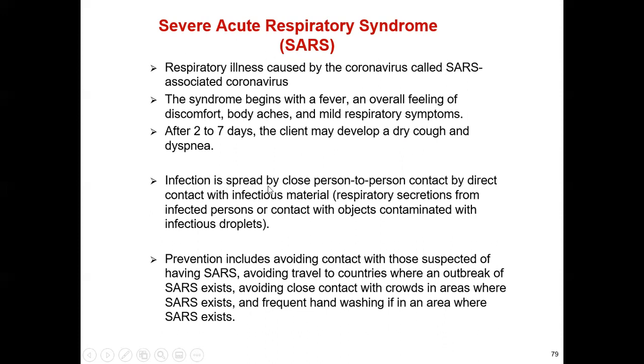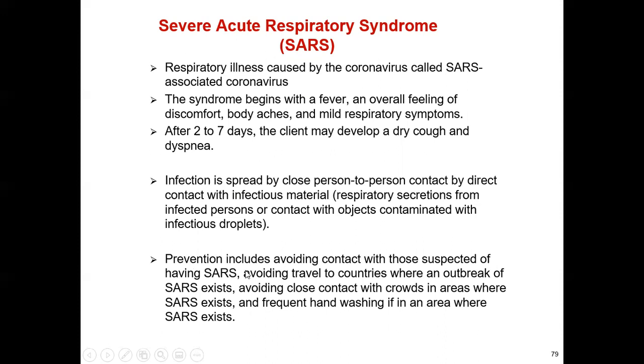Infection is spread by close person-to-person contact or by direct contact with infectious materials.